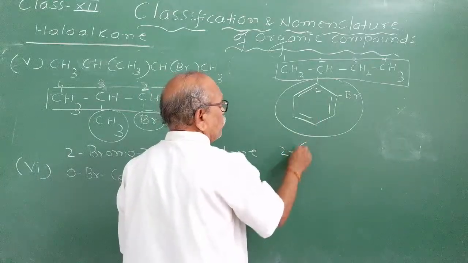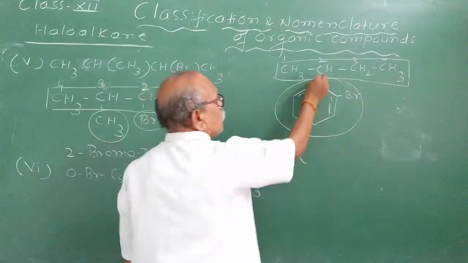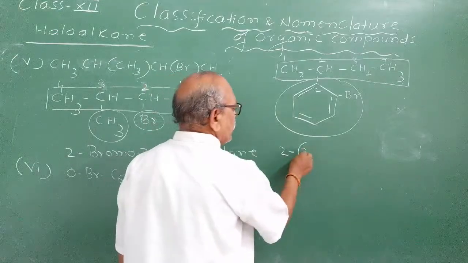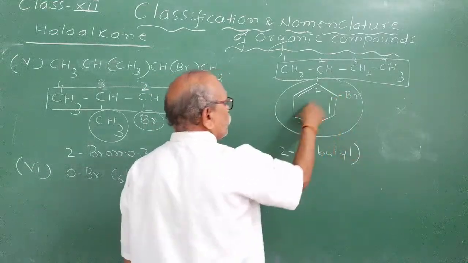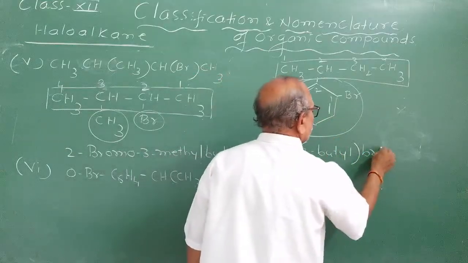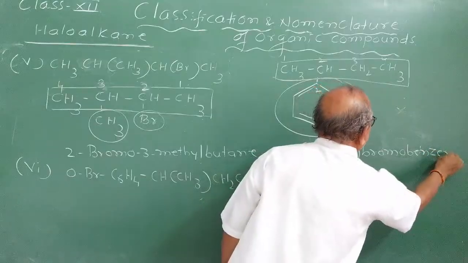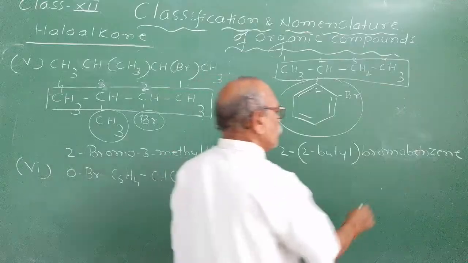2 hyphen into bracket. Is it 2-butyl? 2-butyl. Bromobenzene. It is an aryl halide. Aryl halides are written as chlorobenzene, bromobenzene.